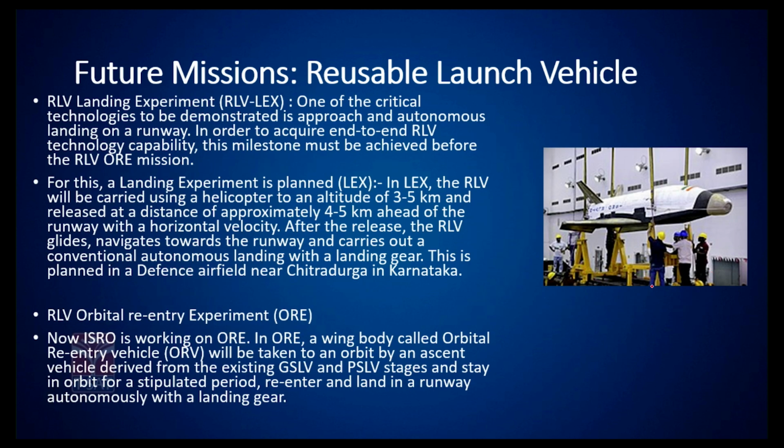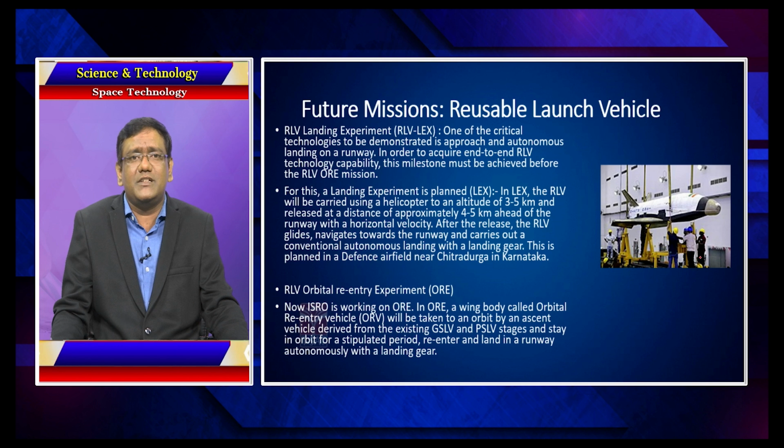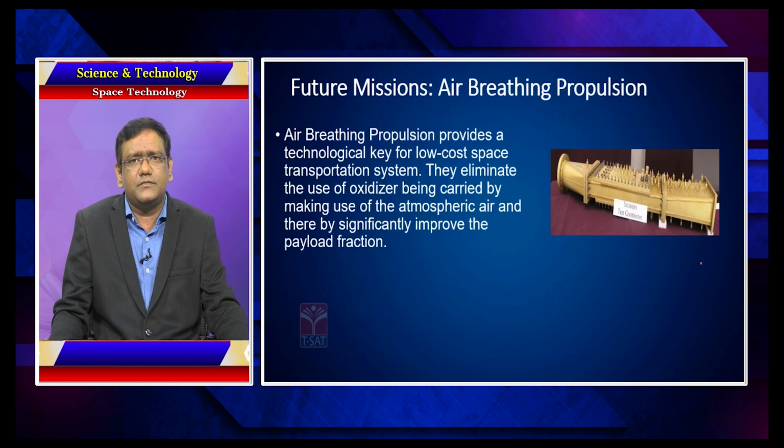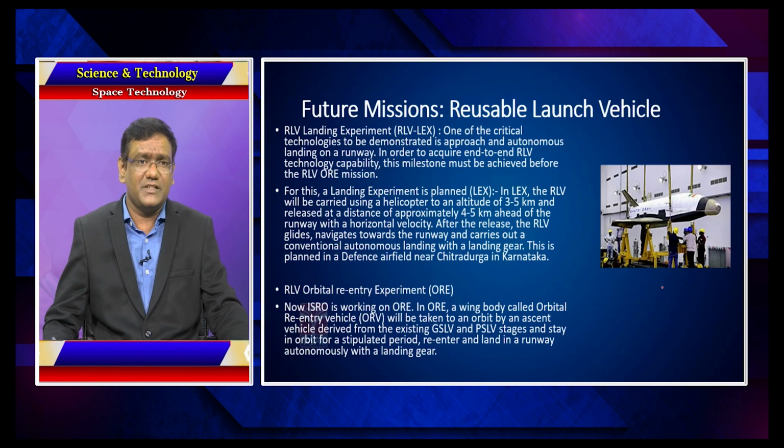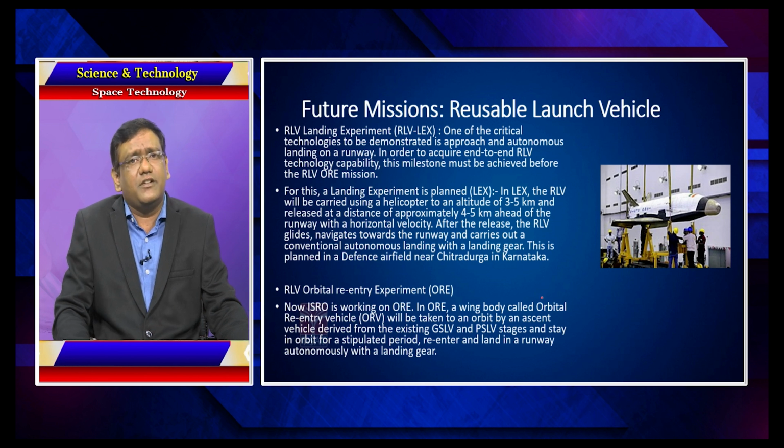And then the next one is the RLV landing experiment, that is LEX. One of the critical technologies to be demonstrated is approach and autonomous landing on the runway. Now to achieve the end-to-end RLV, this is another technology, the RLV landing experiment.